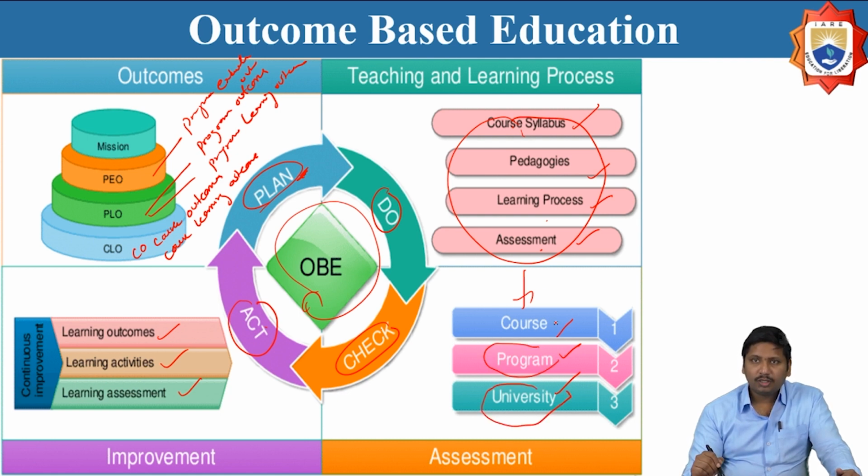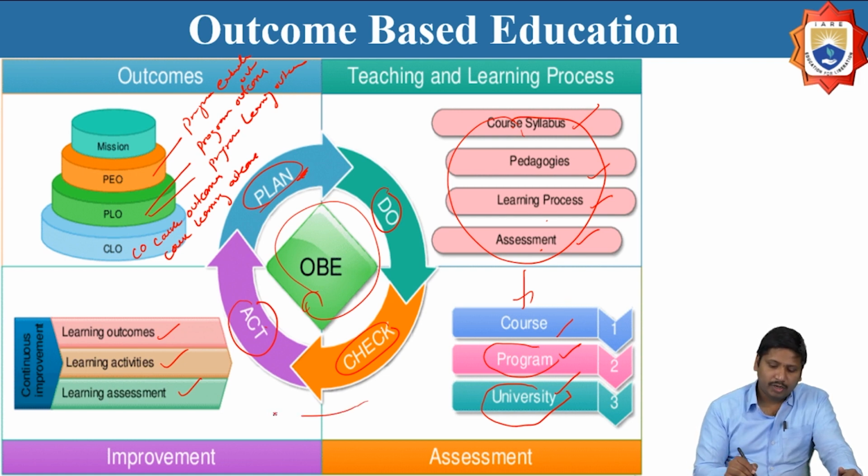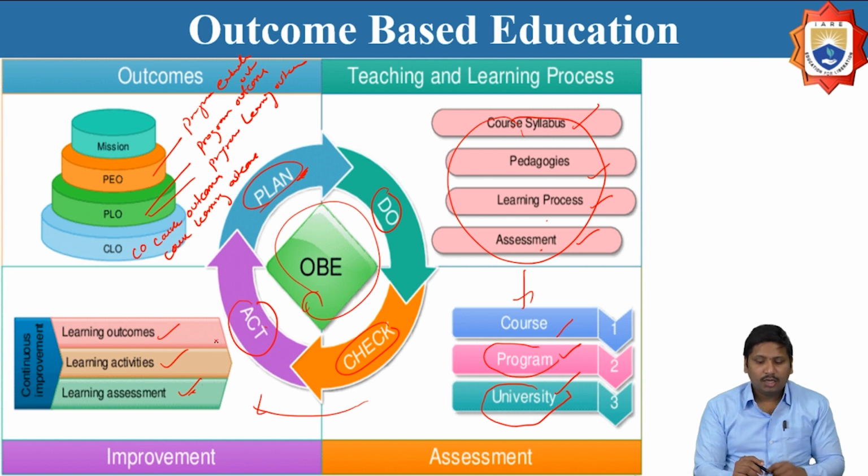So this comes under assessment, just as I said. And for improvement, we act on this, looking at learning outcomes, learning activities, and learning assessment. Next we see whether all these things, COs, POs, and PEOs, meet this or not.